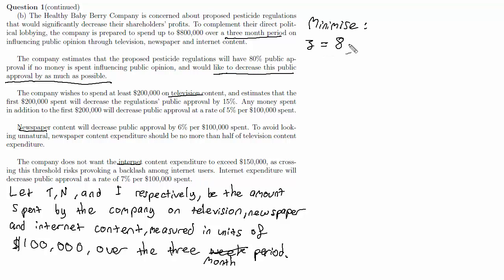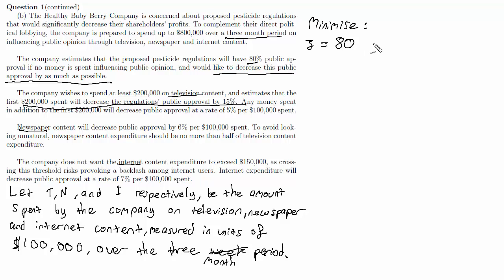Now Z is initially equal to 80% from here. And then for the first 200,000 spent on TV, we get a decrease in public approval of 15%. Now normally we get 5% for every 100,000, so we've won ourselves an extra 5% that we'll definitely be getting, so we include that here.